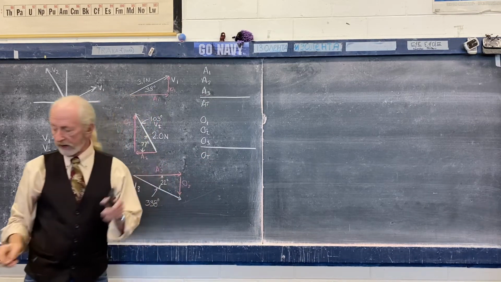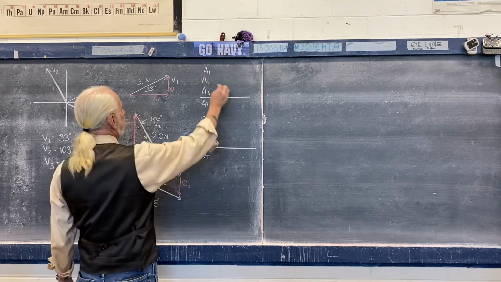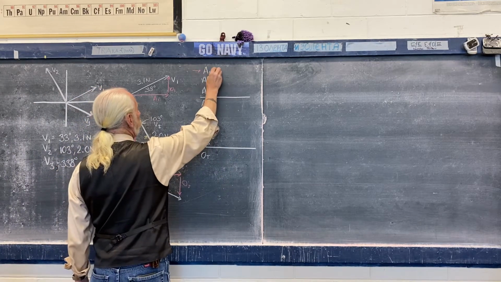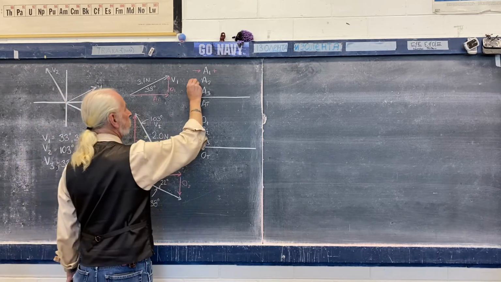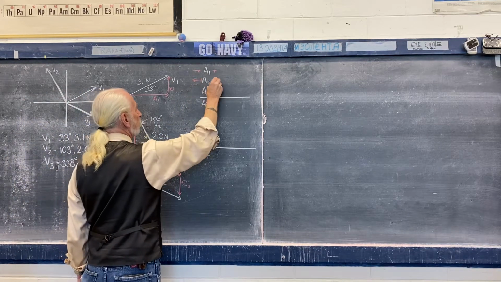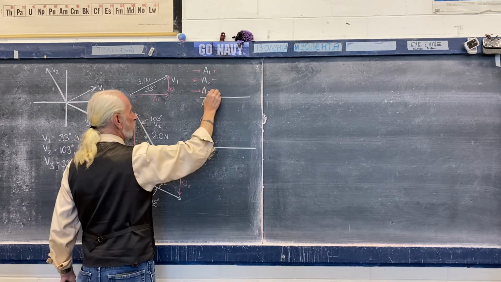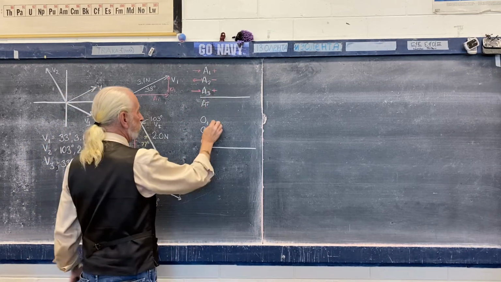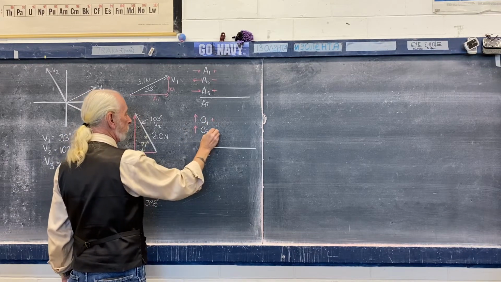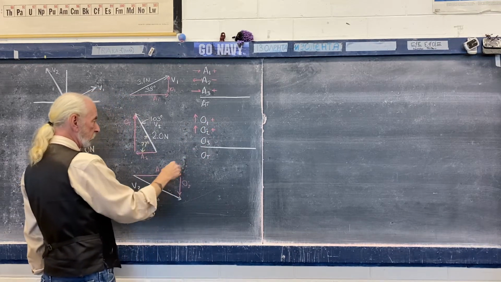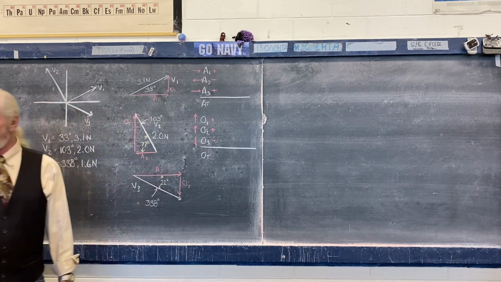And we can't lose sight of the directions. The directions are important. A1 goes like this, so A1 is positive. A2 goes in this direction, that makes it negative. A3 goes in this direction, making it positive. O1 goes up, he's positive. O2 goes up, he's positive. O3 goes down, he's negative. Now you don't have to worry about it anymore.